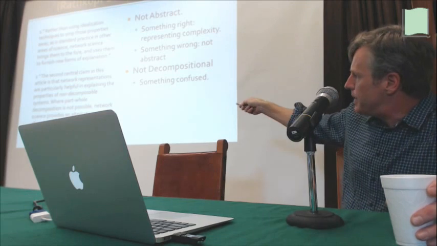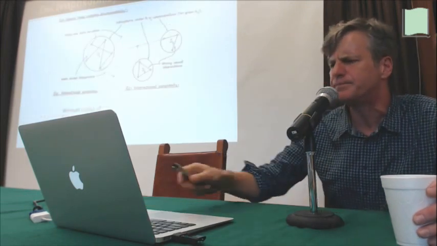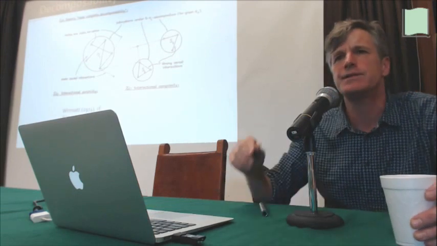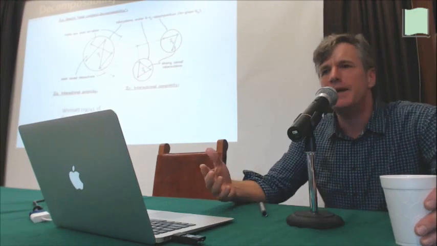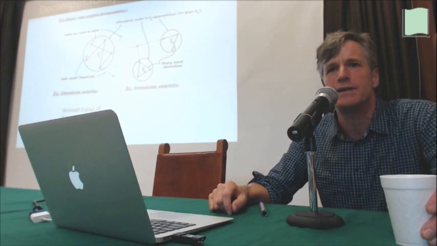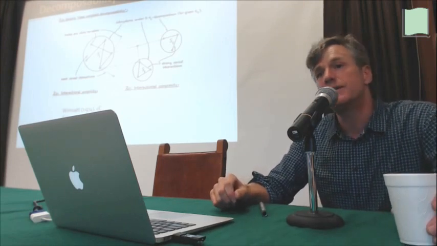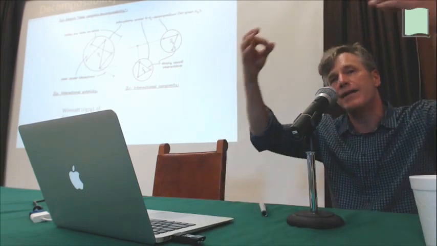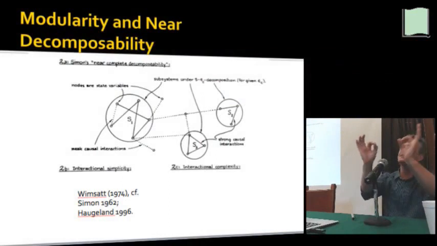Let me explain why. First, let me say something about what decomposability is. My thinking about modularity and decomposability really traces back to Herbert Simon's work in the 1960s in a book called The Sciences of the Artificial. And he's trying to say how we understand the decomposition of things into their component parts. And so he needs an idea of distinct components and interfaces between those distinct components.